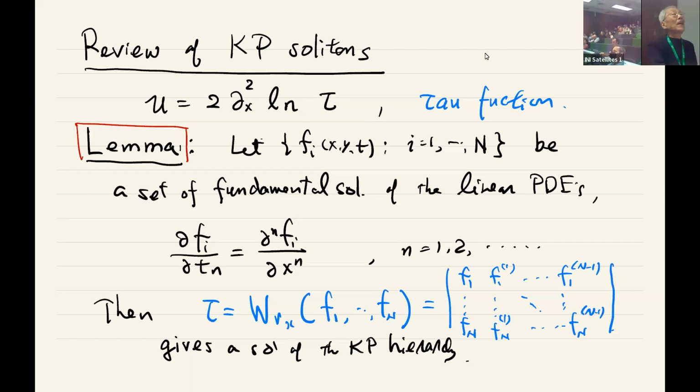Then put f1 to fn, those are a fundamental set of solutions, into the Wronskian form. So this is the Wronskian with respect to x: f1 prime, f1 up to n minus 1, and put it in the determinant form, and that gives you the soliton solution. And that's it. So you can create many, okay? But I like to restrict the solution to the solitons.